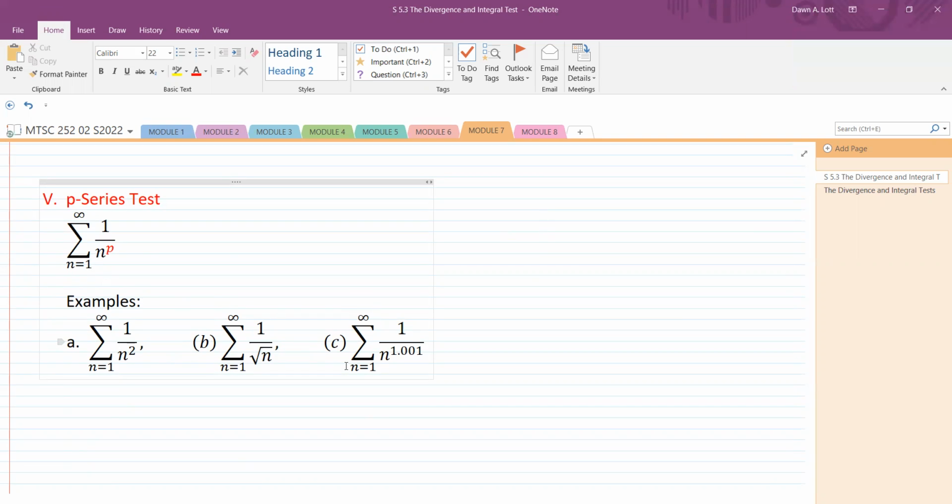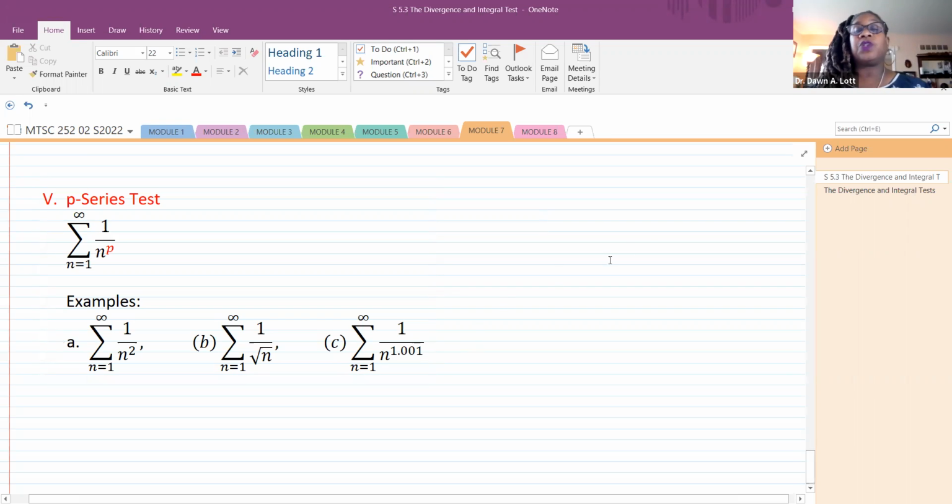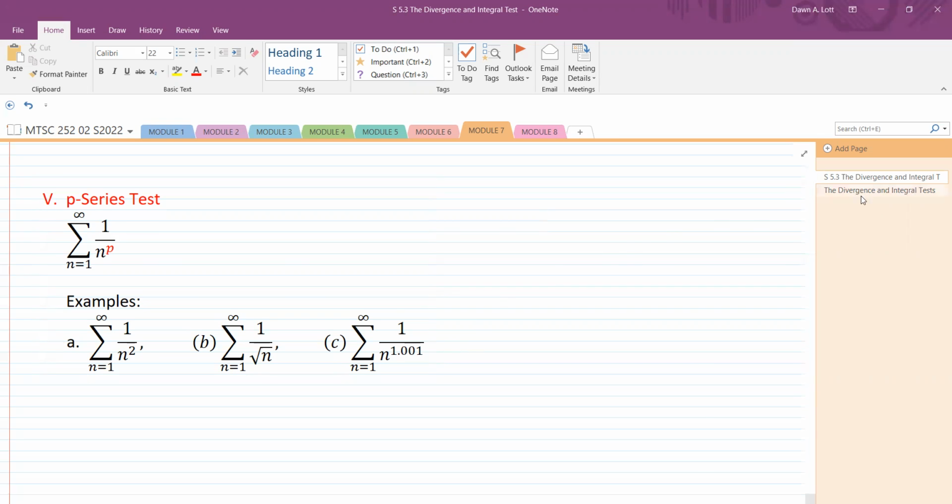Is p the exponent? So in the first one, p is 2, and the second one, p is 1/2, and the third one, p is 1.001. Okay, so finding p is easy.